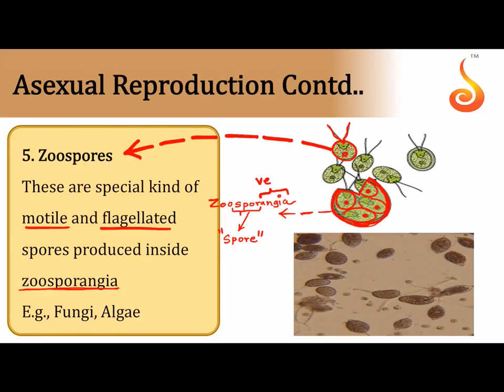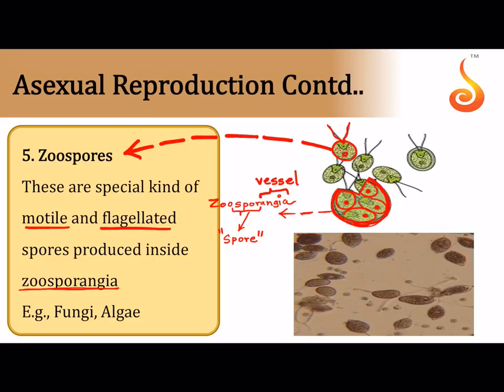Angios means vessel. It is a vessel which has what inside it? Spores inside it. Isn't it? How did it produce these spores? By cell division. Whatever cytoplasm it had, whatever nucleus it had, it underwent division to form these tiny daughters, which are motile and flagellated, which are called what?